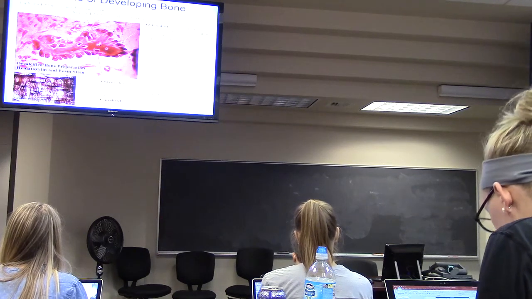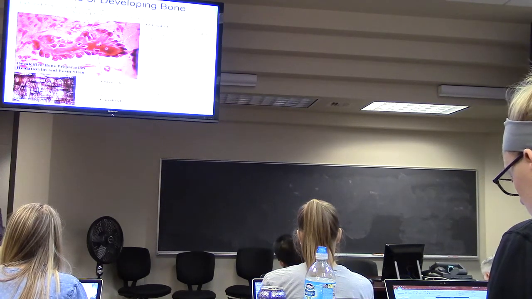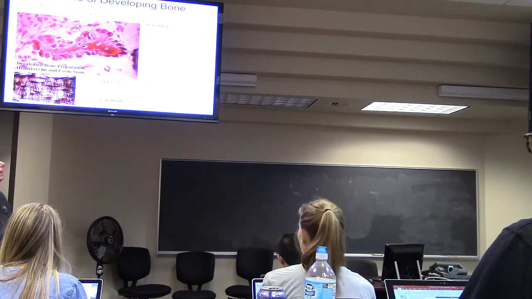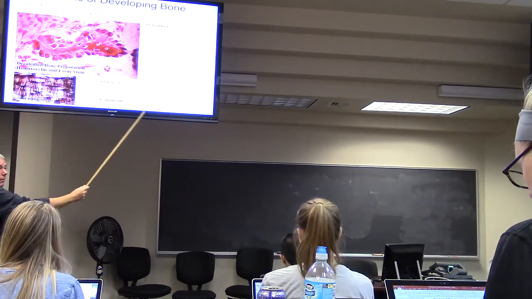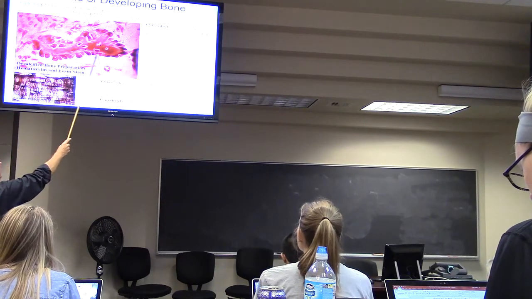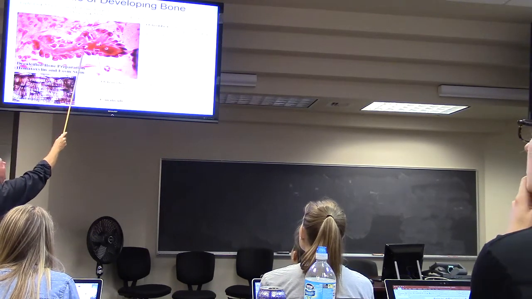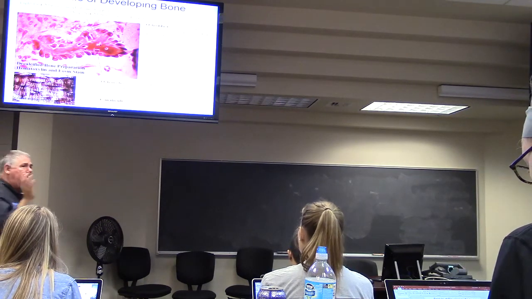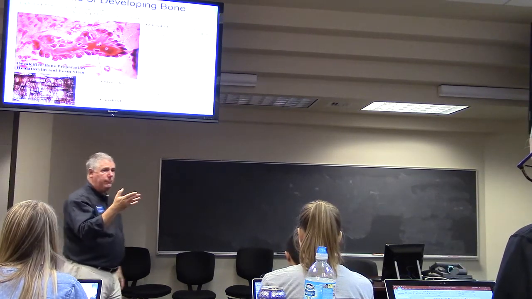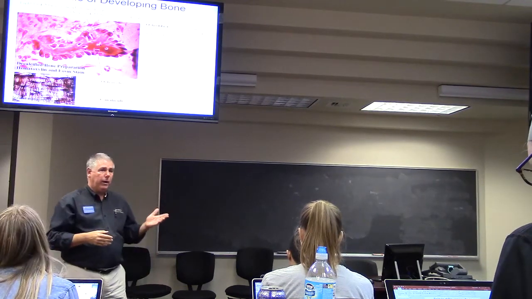Okay. So if we look at developing bone now, here's a spicule that we saw earlier in the bone blastema. Here are the osteoblasts, there are the osteocytes. Bone is unlike cartilage in that you can't diffuse stuff through bone like you can cartilage.